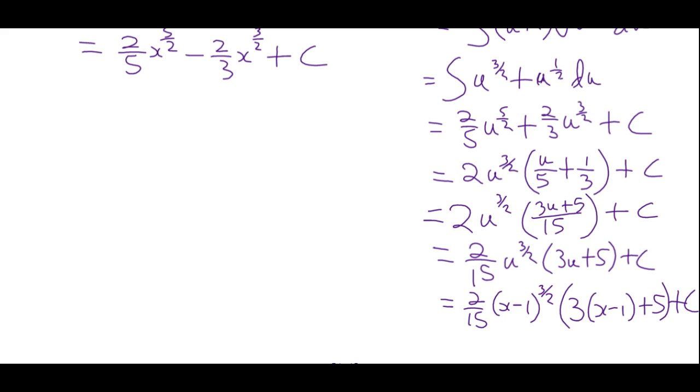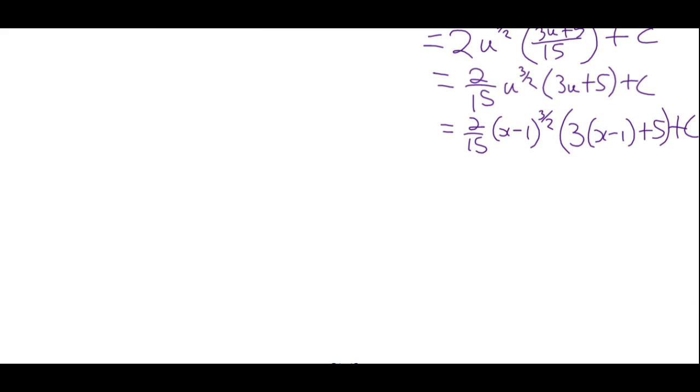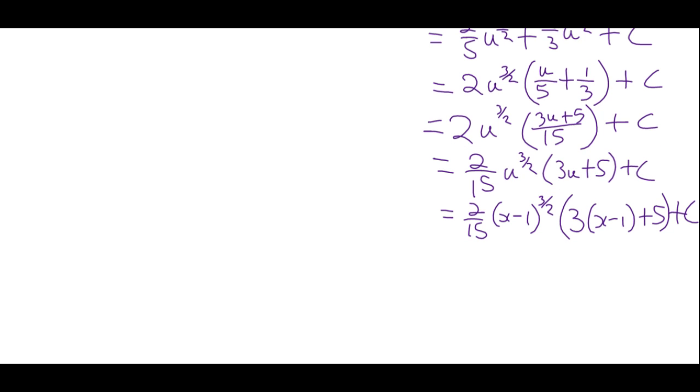So the final line is 2 over 15, x minus 1 to the 3/2, 3x minus 3 plus 5, which is 3x plus 2, plus c.